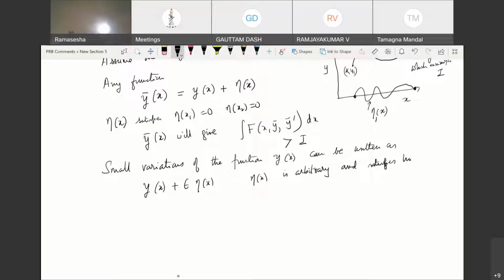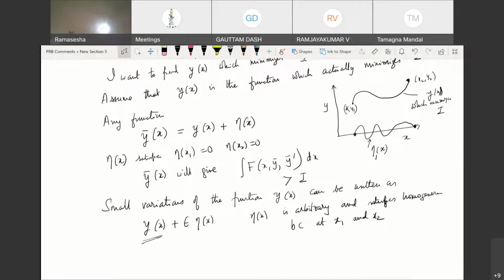Because you are adding it to y of x, which already satisfies the boundary condition, if y of x plus epsilon eta of x also should satisfy the boundary condition, eta of x must have homogeneous boundary conditions at x1 and x2. That is, eta of x must vanish at x1 and vanish at x2. So if you add any function eta of x to y of x which has this boundary condition, then that is going to also satisfy the same boundary condition.